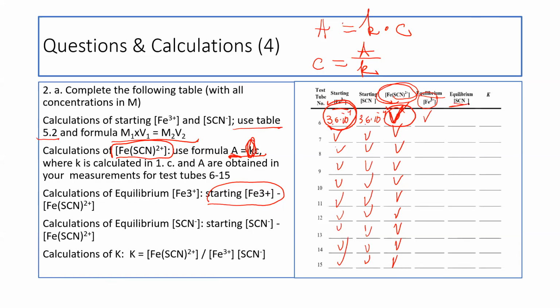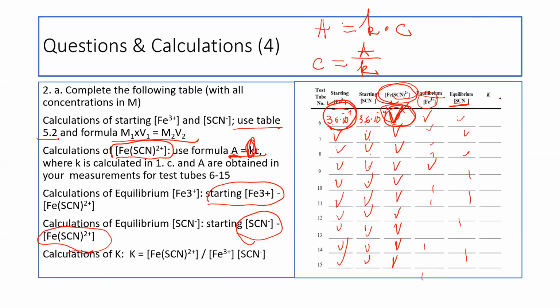The same story with the thiocyanate ion. Starting concentration of thiocyanate, which will be calculated, minus the concentration of iron thiocyanate, and so on for this, and this. Pay attention to your calculations, because you will work with small numbers and with exponents. So pay attention and review math if you need it. But it's not so hard, just tedious.